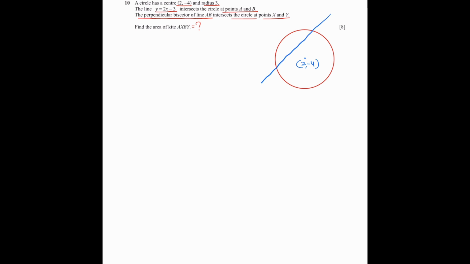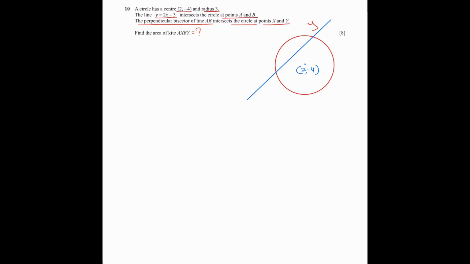So if this is the line y equals 2x minus 3, this line intersects the circle at point A and at point B. If you join these, this is a radius 3. This is also a radius, it is given 3.